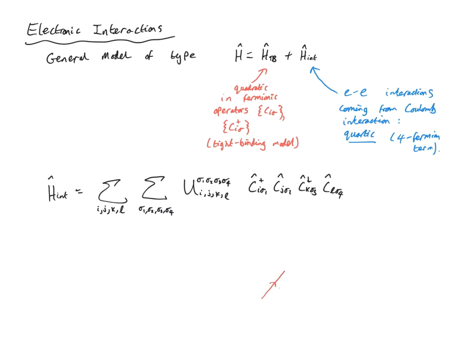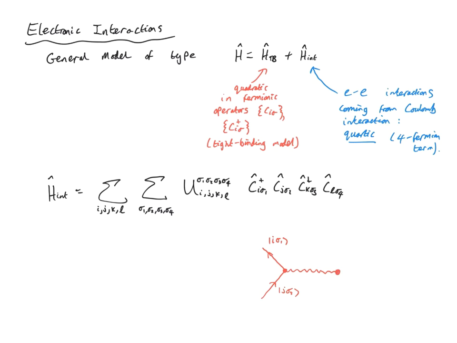This particle J has spin sigma 2. Then it has an interaction and turns into a particle I with spin sigma 1. And it does that due to the interaction, which is denoted by this wiggly line.